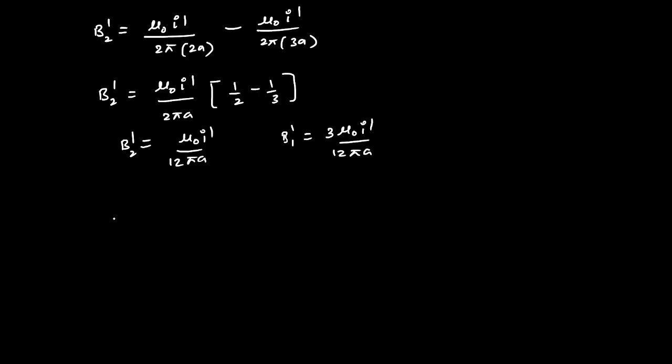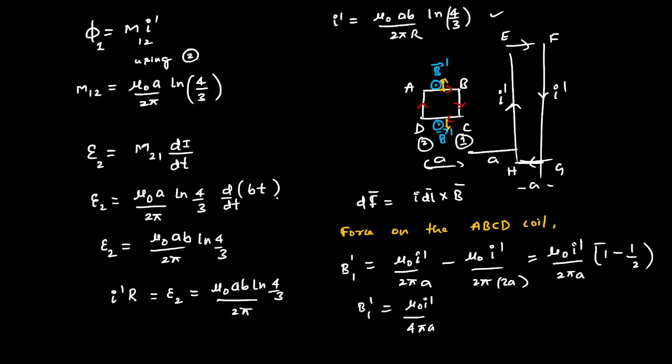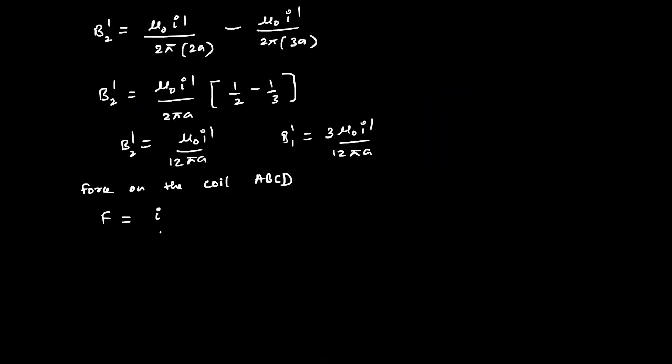So we can now say the force exerted on the coil ABCD is F equals I, the current flowing through that coil (capital I), times the length of the small coil, A, times B1 dash minus B2 dash.